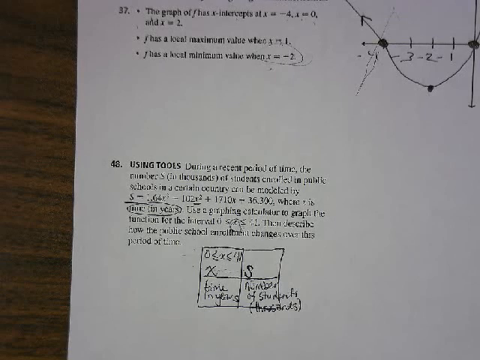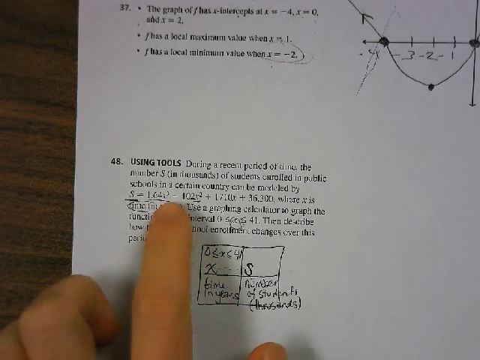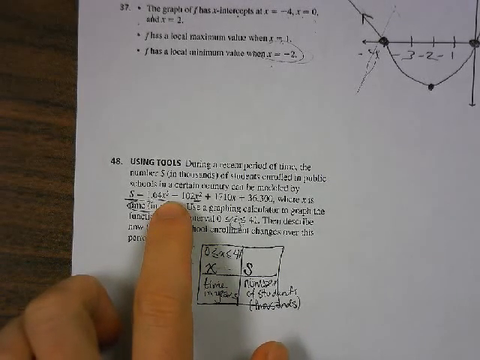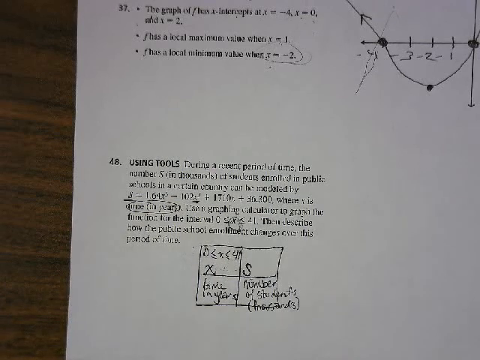So just type in 1.64 x cubed, and then minus 102 x squared plus 1710x and then plus 36,300.